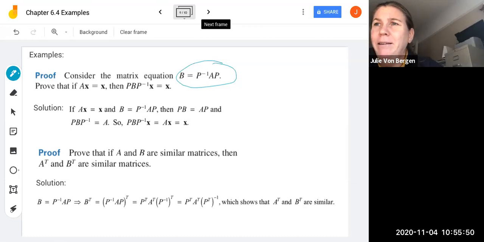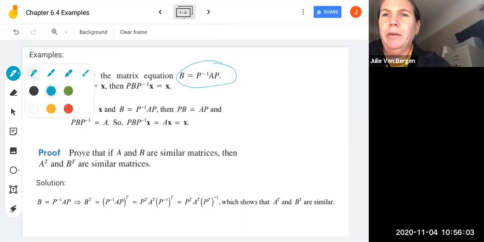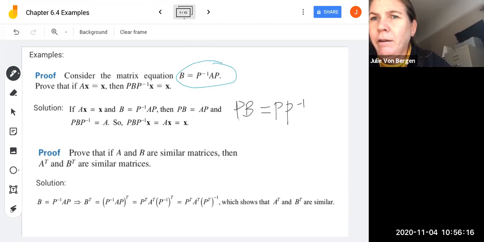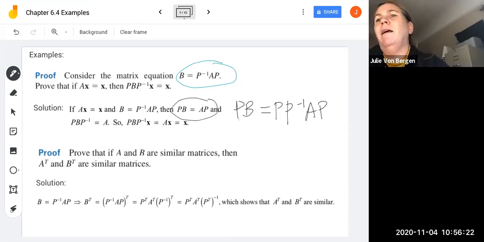Does that make okay sense here? Let's write out that step. So PB here is going to be P P inverse AP. So that's why we're able to say PB equals AP, because the P and P inverse cancel each other out.